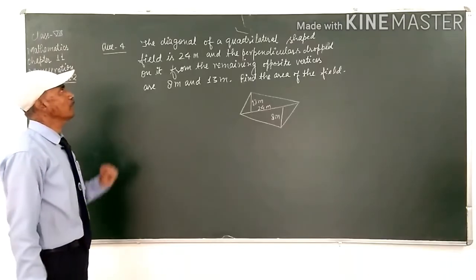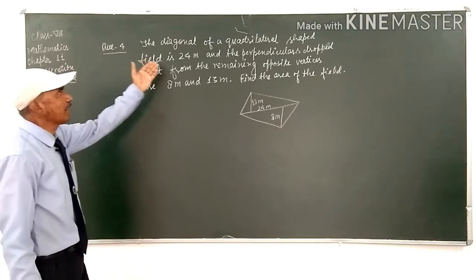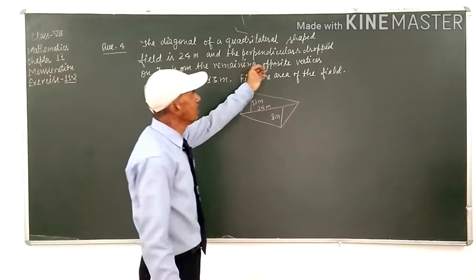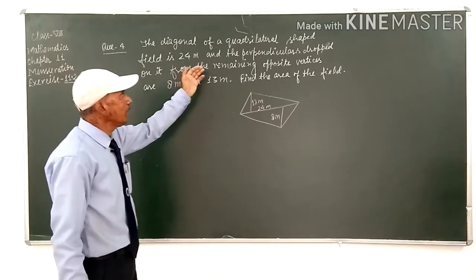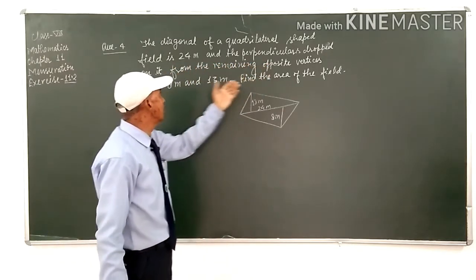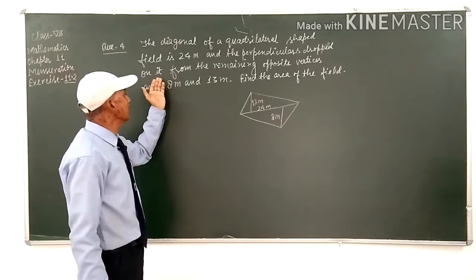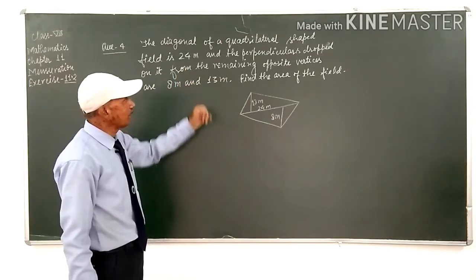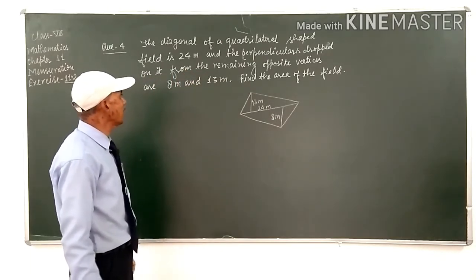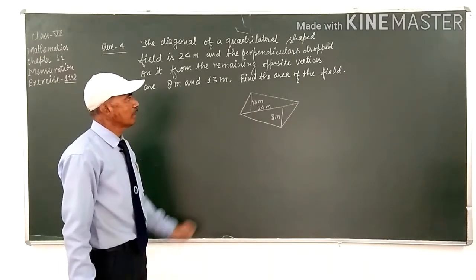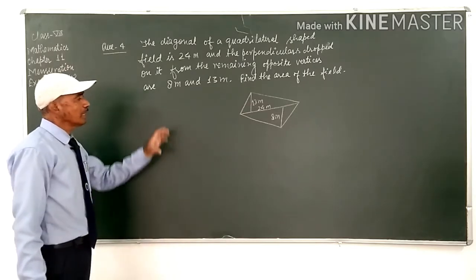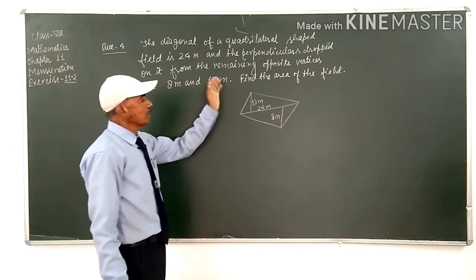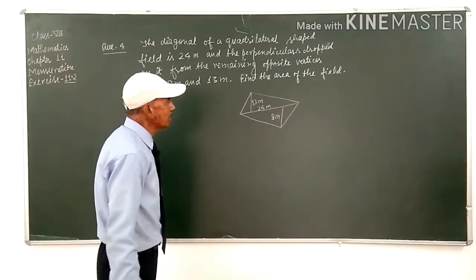This is question number 4, and in this question the diagonal of a quadrilateral shaped field is 24 meter and the perpendiculars dropped on it from the remaining opposite vertices are 8 meter and 13 meter. Find the area of the field. So in this question, the figure is given here, students.